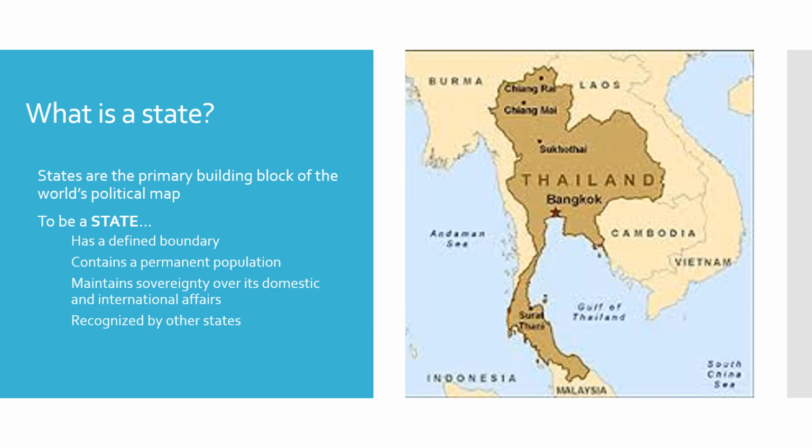And then you also need to be recognized by other states, that other states around you recognize you as a state. That's always helpful to be known as a state in general. You also could argue that you need a functioning economy, whatever form it might take, as a part of your state's building blocks.